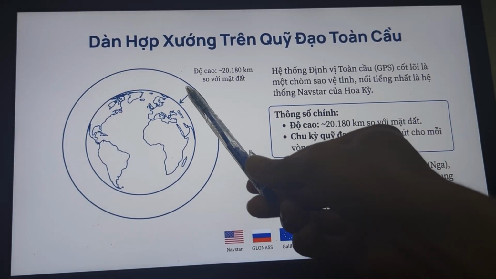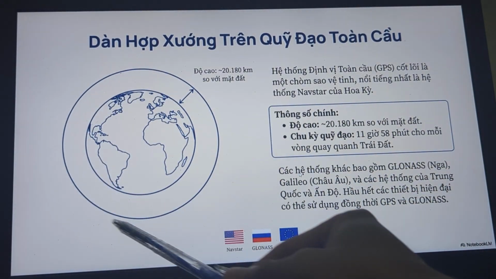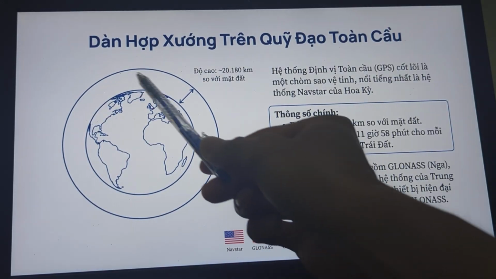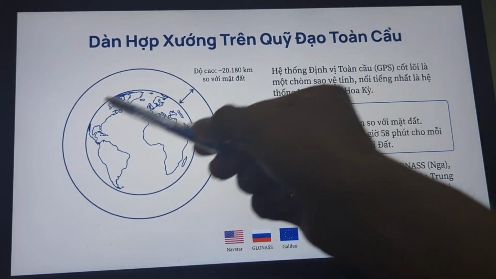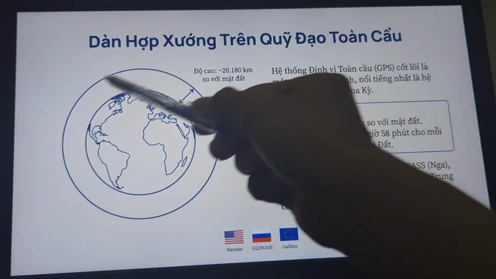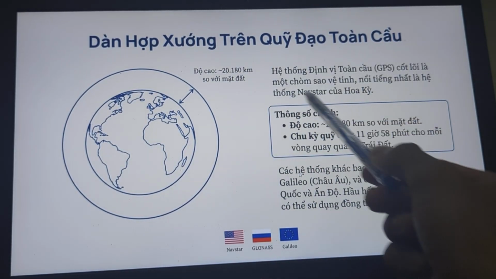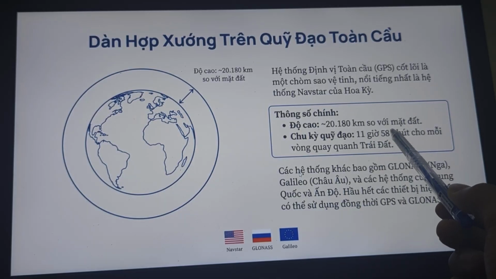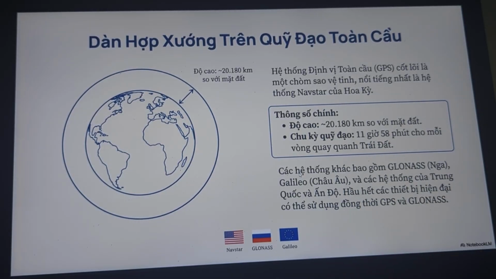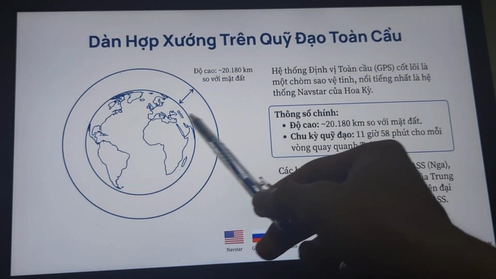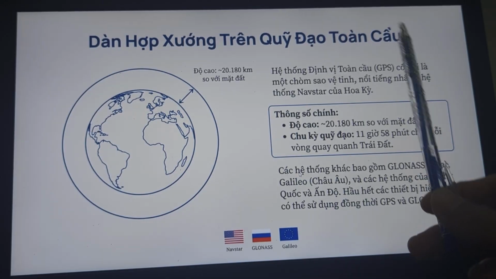The satellites fly around and above the Earth at a height of around 20 kilometers. So how can we exactly calculate our position on the surface of the earth with satellites?